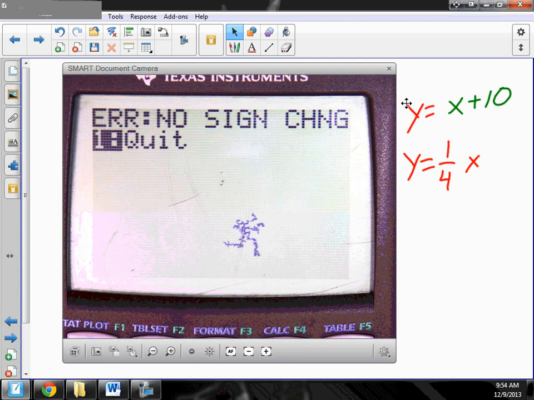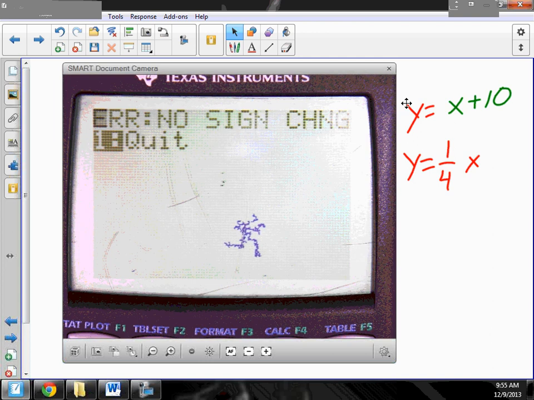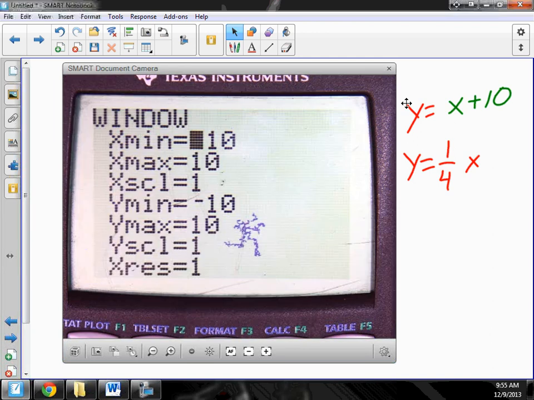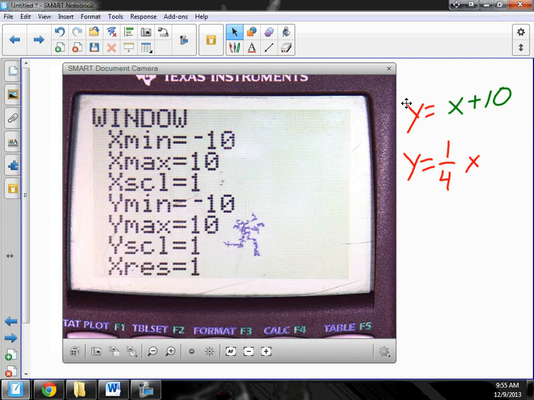It's lazy. Your calculator only thinks the function is defined on the domain listed in your window. So as long as your x values are wide enough, it will find the intersection. If your x values are not wide enough, then you need to extend your window. So if I go into window, what do I need to change in order to see the answer?